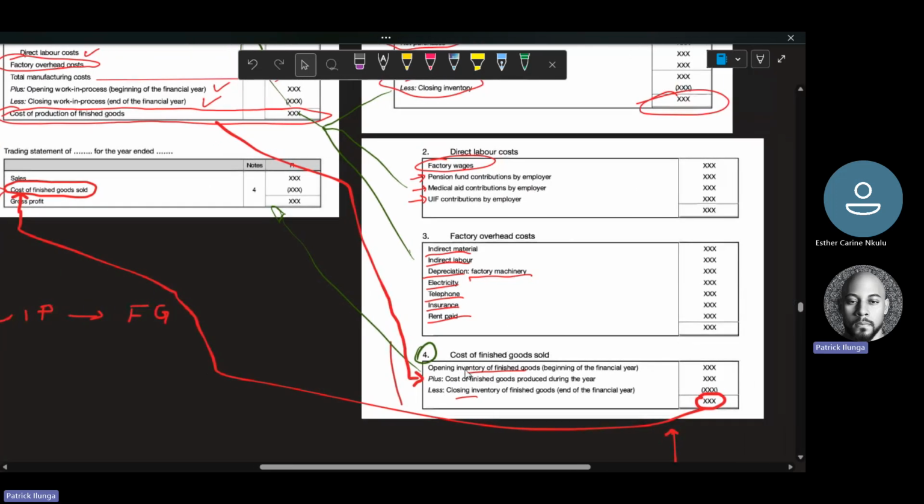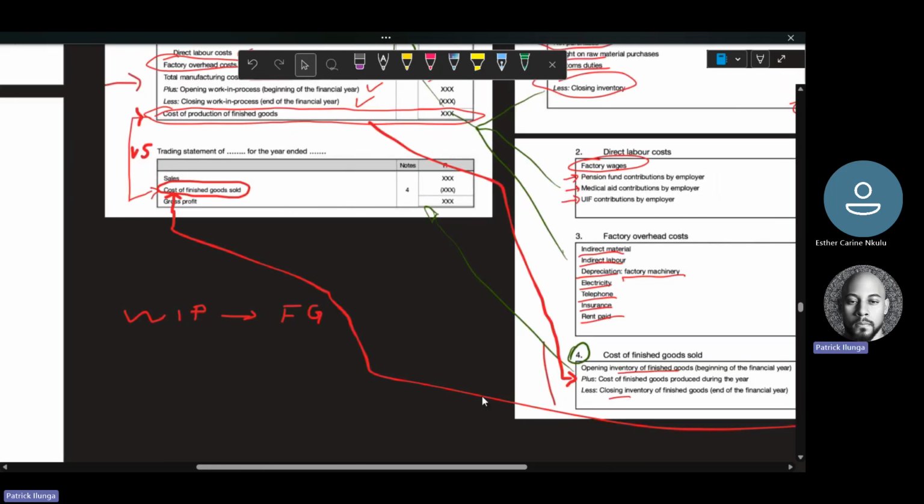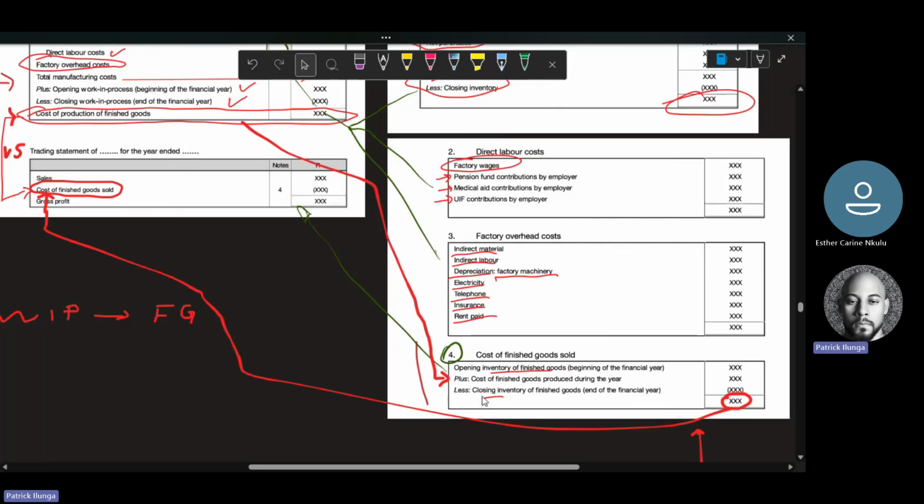So there will be some finished goods that are unsold. These are the ones. Closing inventory of finished goods. They are unsold. That's why you must not take them into account. You just need to take into account what is sold.